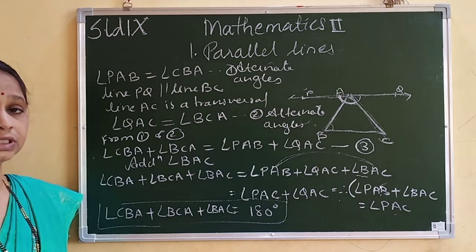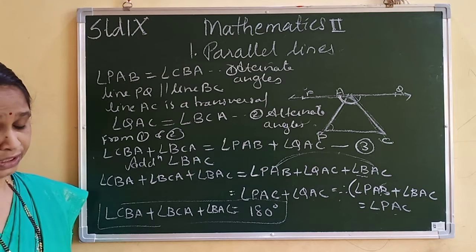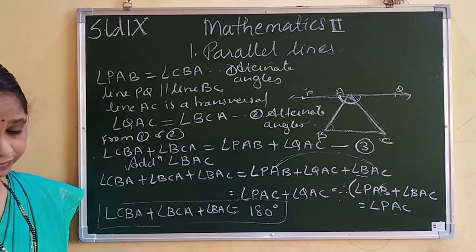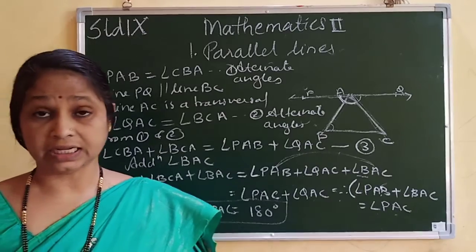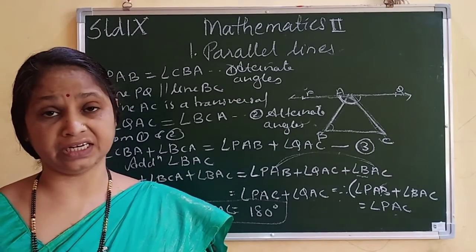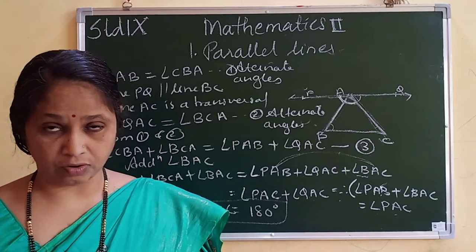Now next we have to see the tests for parallel lines. In the test of parallel lines, whether the given two lines are parallel or not can be decided by examining the angles formed by the transversal of the lines.